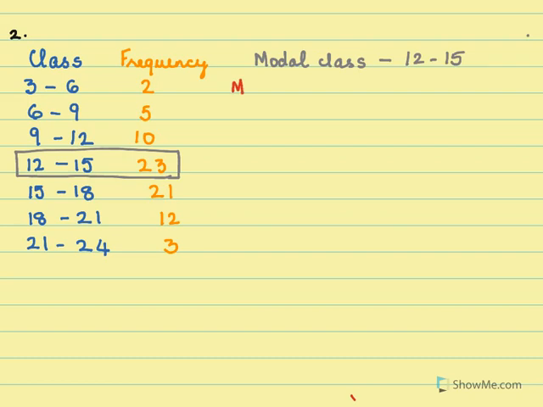Now we go ahead and write the formula of mode. L, the lower limit of the modal class, plus (F1 minus F0) over (2F1 minus F0 minus F2), whole thing into H. So we have the lower limit of the modal class, this is L. Then we start with the frequency above the modal class, that is 10.